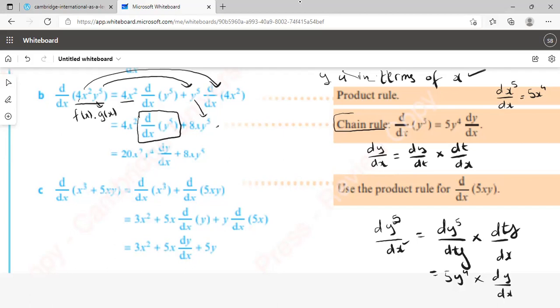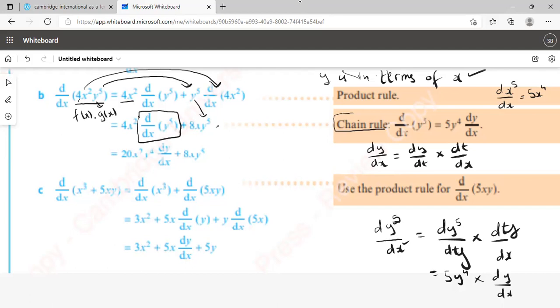So basically we will be differentiating y to the 5 with respect to y. We cannot differentiate it with respect to t. Okay? You will practice questions, so you will get better at it. Right. So this is 5y to the 4 into dy/dx.